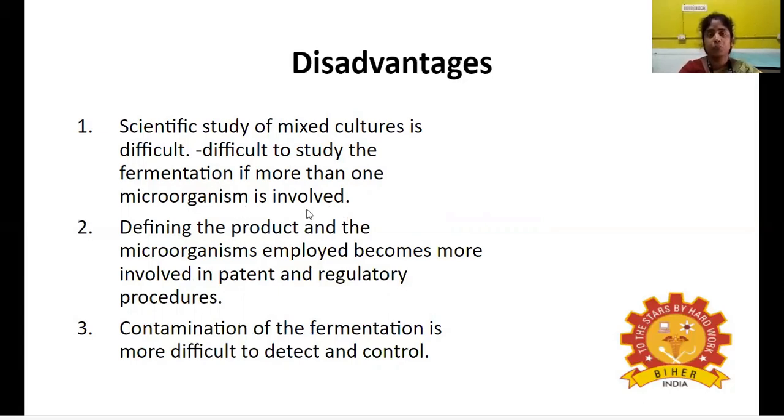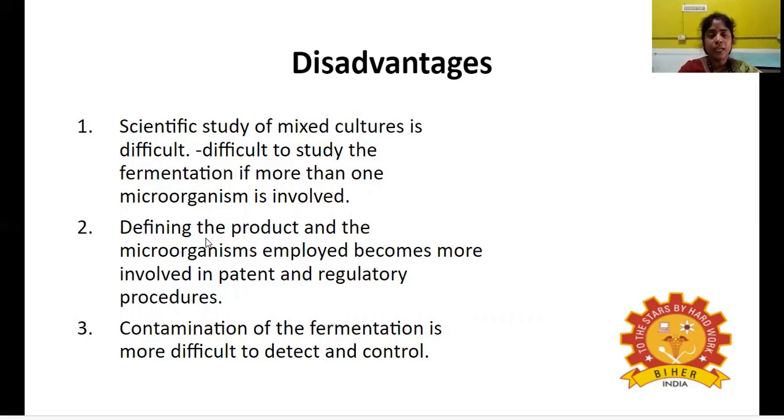So how is the fermentation process being carried out, whether microorganism one is acting on a substrate to give the product, or M2, microorganism two, is acting on a particular substrate to form the product? So that is the first disadvantage: difficulty in studying the fermentation kinetics of product formation by substrate utilization.